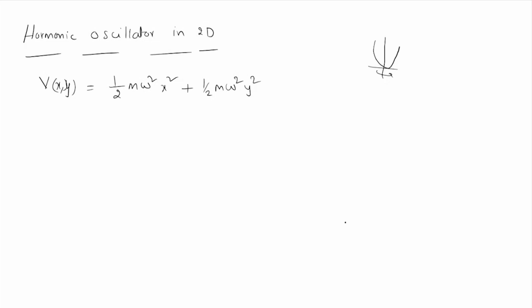So without solving, you should always remember that when you have this kind of a system, its energy eigenvalues depend on 2 integers. We label them nx and ny. These nx and ny go from 0, 1, 2, 3, and so on.